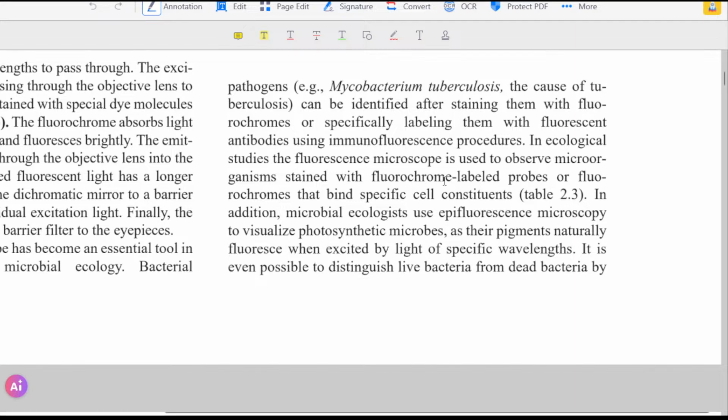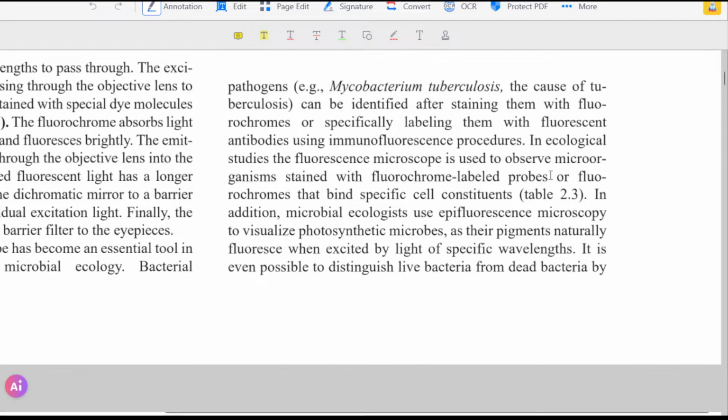So fluorochrome-labeled probes, actually we don't study these probes. We use these probes to attach to some parts of the cells or some organelles or things like that, and then we can see them under the microscope if we have the desired object here or not. Or you can just use the fluorochromes.